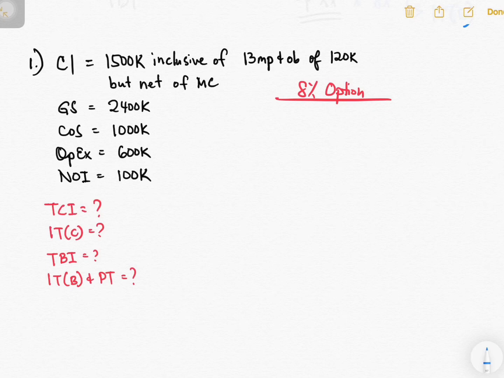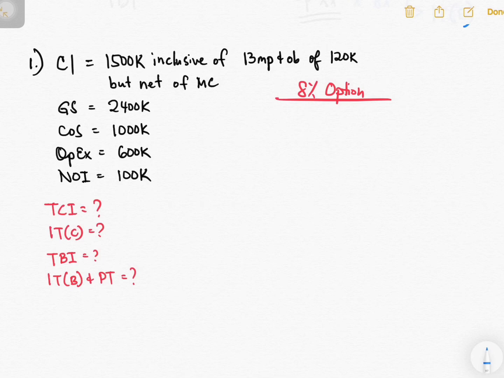It includes 13-month pay and other benefits of 120,000, but already net of mandatory contributions: your SSS, PhilHealth, Pag-ibig. And then you have gross sales of 2.4 million, cost of sales of 1 million, operating expenses of 600,000, and non-operating income of 100,000.